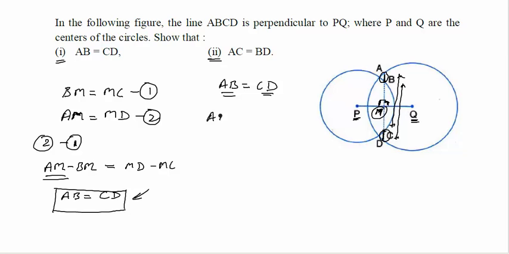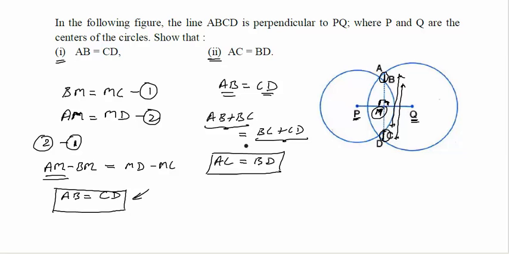So what can I get? On adding BC to both sides, I should get an equation something like this: AB plus BC becomes equal to BC plus CD. But AB plus BC can be written as AC and BC plus CD can be written as BD. This proves our second relation, where AC becomes equal to BD.